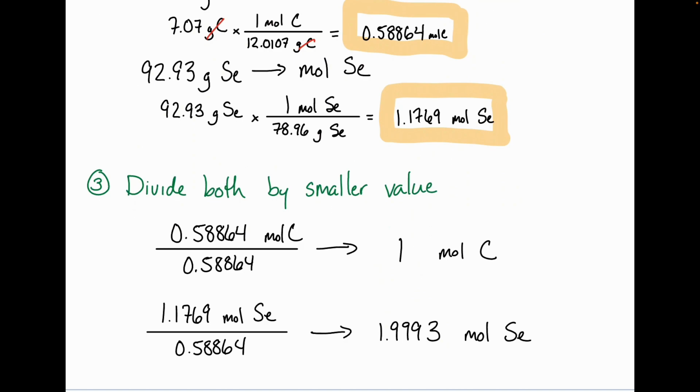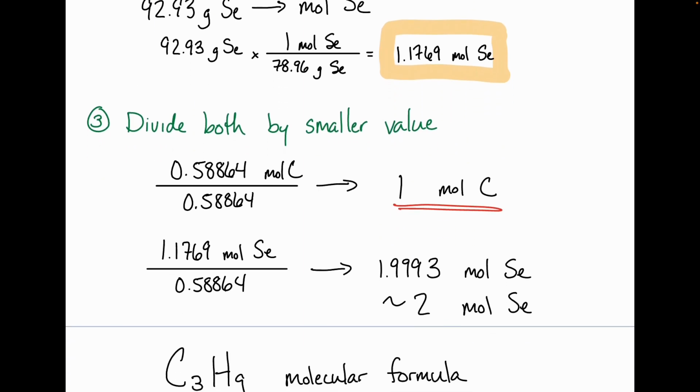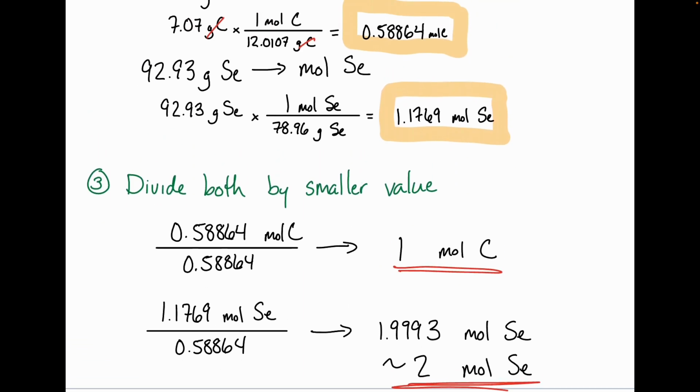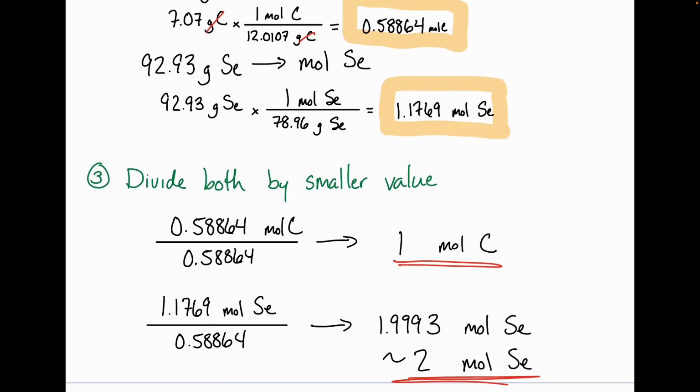All right, now because this is data that we're working with here, rarely, if ever, will it really come out perfectly to a whole number. But 1.9993 is really close to what whole number? 2. Right? So this is telling me that for every 1 mole of carbon in this unknown compound, there are 2 moles of selenium. And that is, of course, what my empirical formula is telling me.